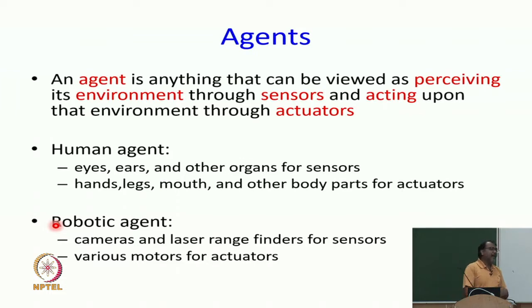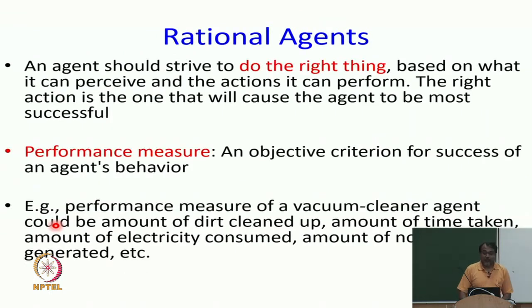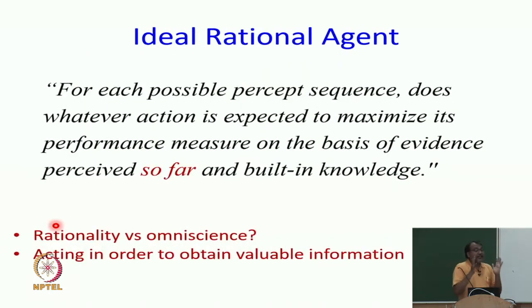Now, if you go back to how we defined an agent, we said that an agent is anything that can be viewed as perceiving the environment through sensors and acting upon the environment through actuators. If you go back to the definition of artificial intelligence, we had even defined AI like this. We said acting rationally.